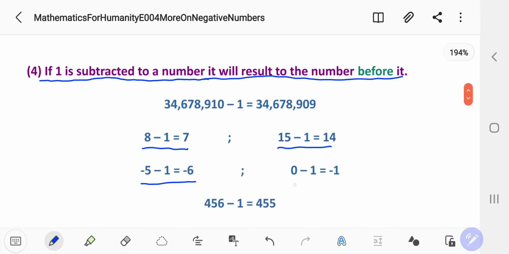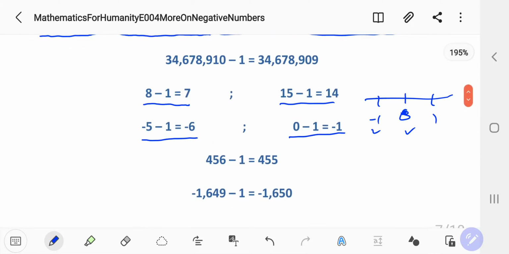The next example is 0 minus 1 is negative 1. Of course, you have in the number line 0 is here, 1, and on this side you have negative 1. So 0 minus 1 gives you the number before 0, which is negative 1. And of course, in this one you have 456 minus 1 would be 455.